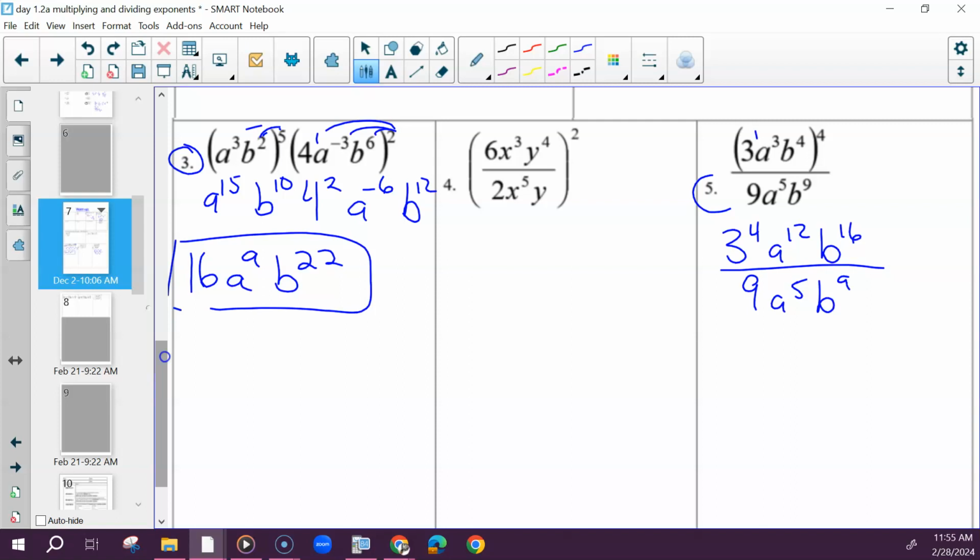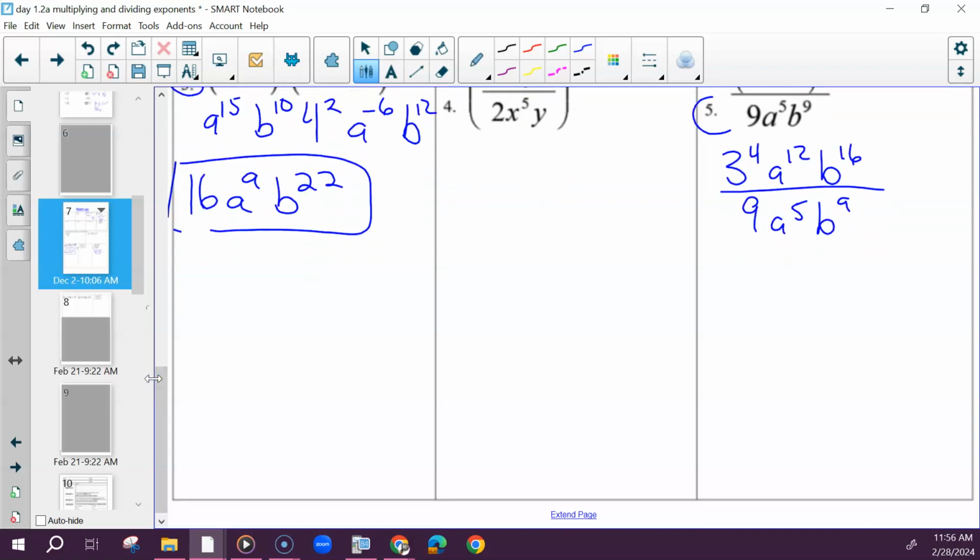Now, this is an extra step, but we know 3 to the 2nd power is 9. If you wanted to, you could change this to 3 squared and just deal with those exponents. Or you could figure out what 3 to the 4th is and divide it by 9. You'll get the same answer either way. It's up to you. What is 3 to the 4th? 81. We're doing what with these exponents? Subtracting. There we go.